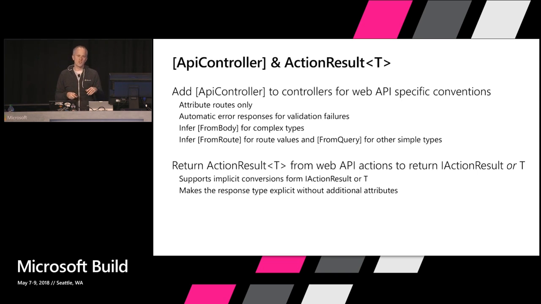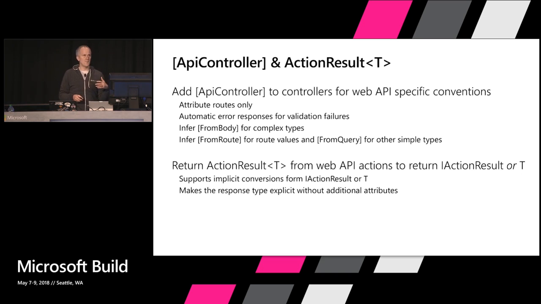These conventions will just infer where the data is coming from by the signature of the method. So for example, if you have a complex type that you're taking into your web API action method, we'll assume that's coming from the body. If you have a simple type parameter that the name of it happens to match something coming from the route, we'll assume that's coming from the route. So you don't need to mark it. Everything else that's a simple type we will assume is from the query string.